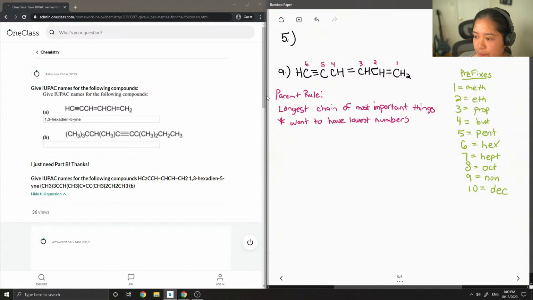So these are all the different prefixes, and the first thing I like to do is notice that this whole thing can be the parent, and since there are 6 carbons, I'm going to write hexa.